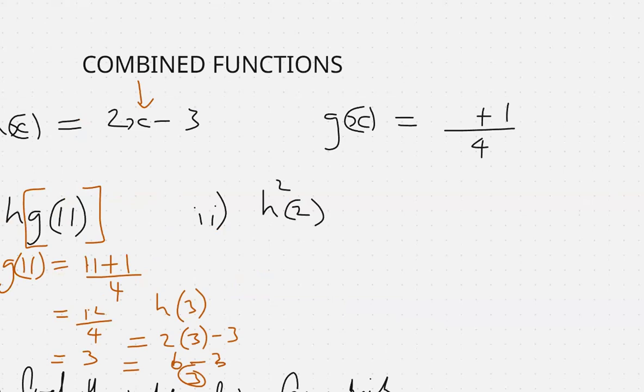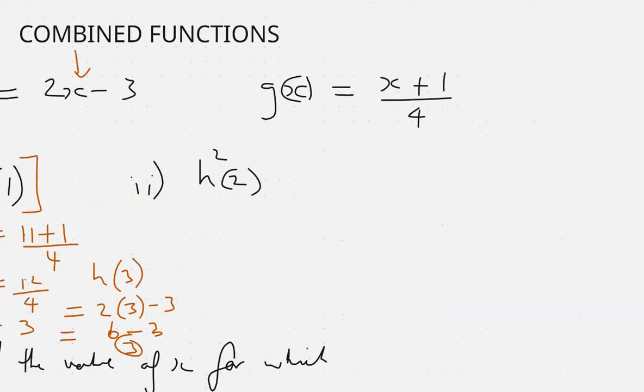Now, I think we discussed this last week, this h squared thing. Please do not square the h and put 2 in it. I don't like to invent new maths. Remember, h squared does not mean square the terms. h squared means h bracket hx.